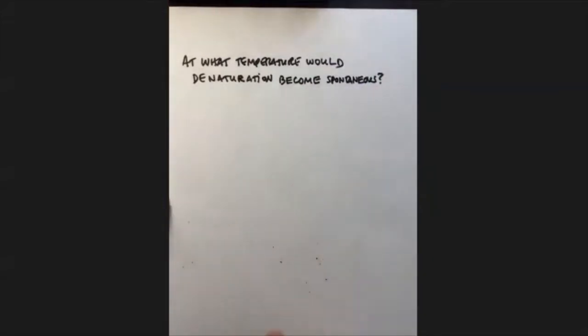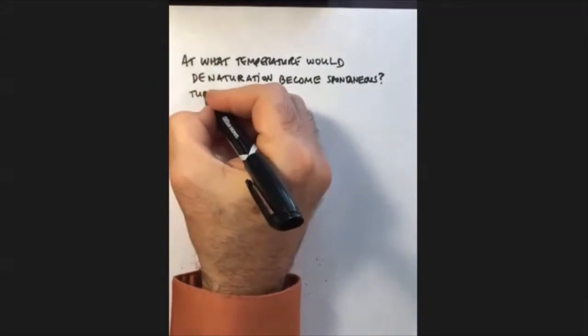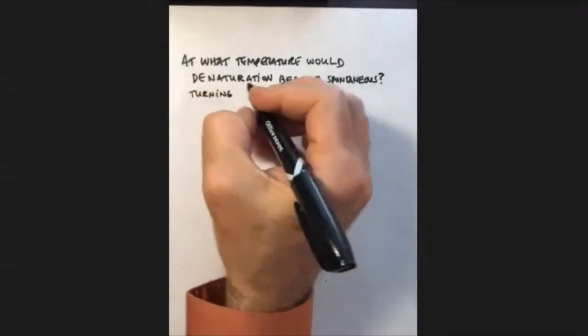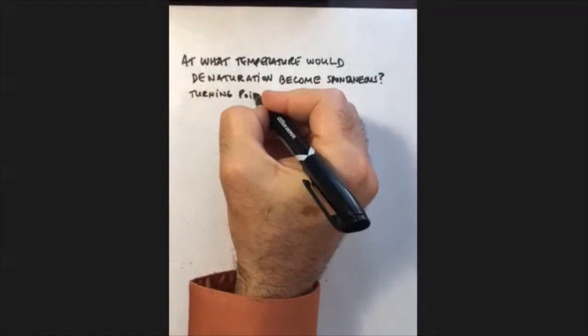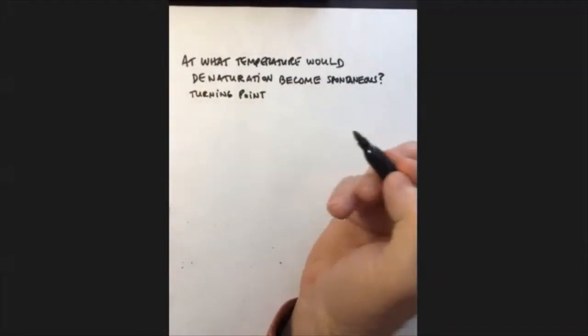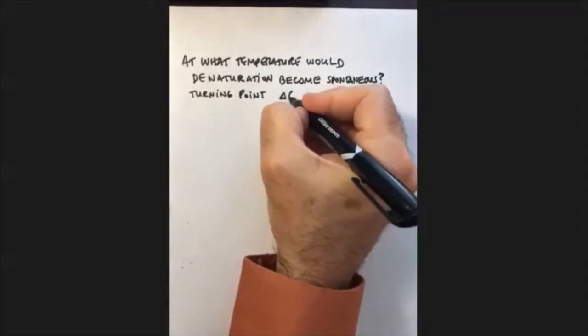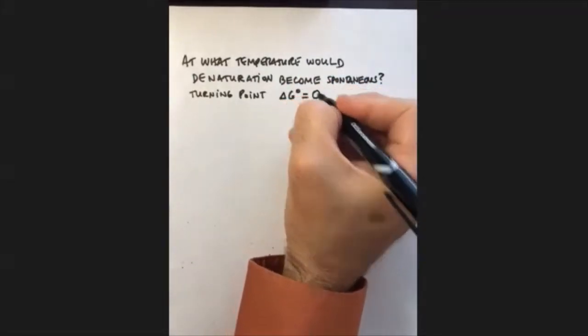Because remember, we just decided that at 37 degrees, no, the protein prefers to stay folded in its native active state, and that's good for us. Well, remember, the turning point is the point at which the standard free energy change switches from positive to negative. So it'll be at delta G equals 0.